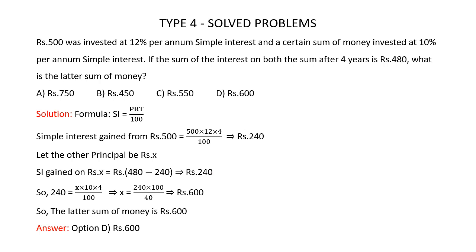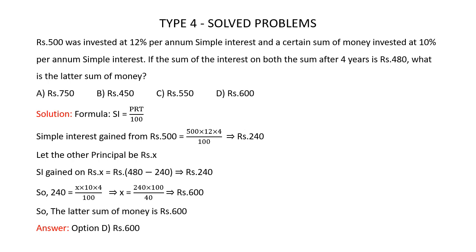So the simple interest on rupees X is rupees 240. Now we know that simple interest on rupees X is rupees 240.